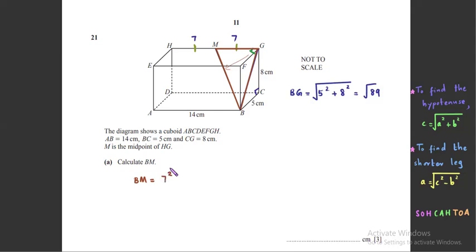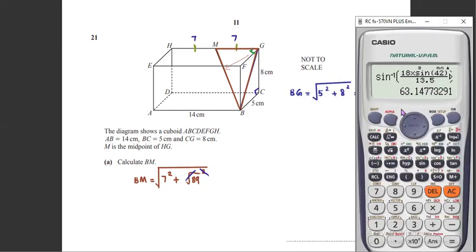MG squared is 7 squared, plus the square of BG, which is the square root of 89 squared. Then this answer has to be square rooted to calculate the hypotenuse, which is BM. I can cross out the square and the square root here. So 7 squared plus 89, and then we need to square root it.